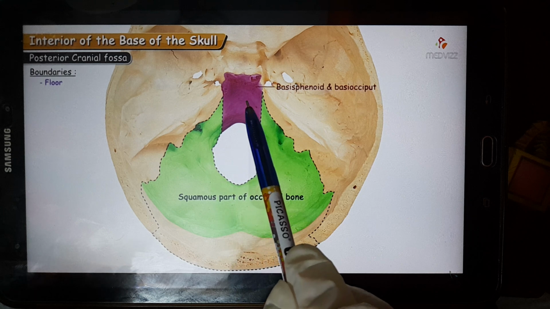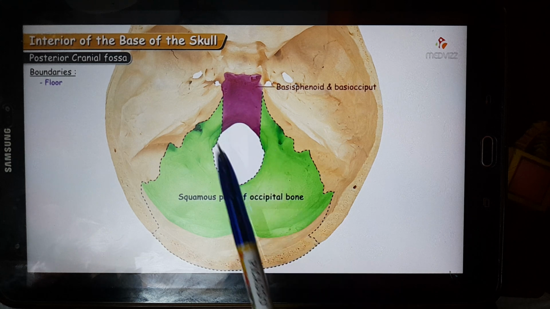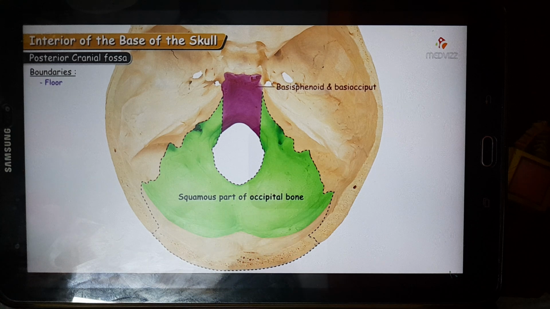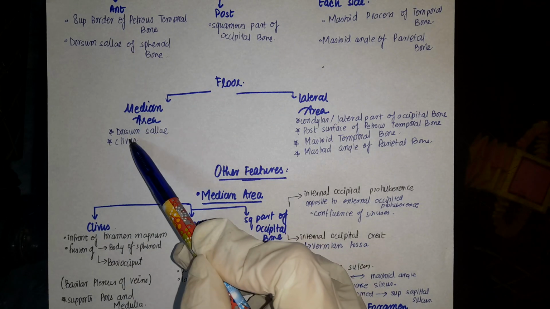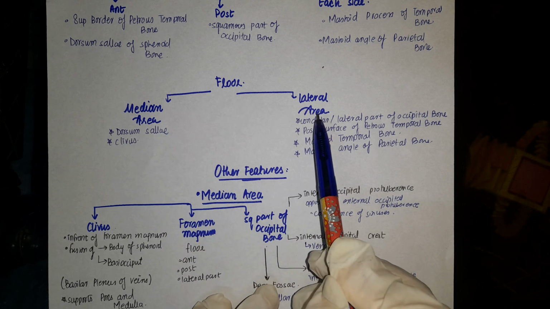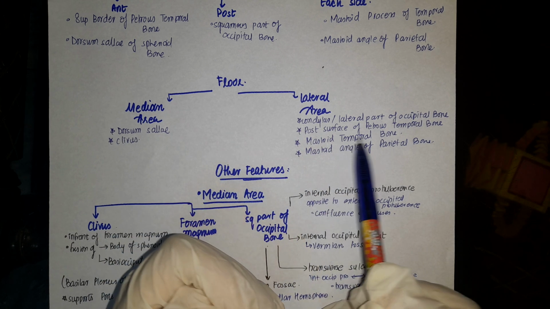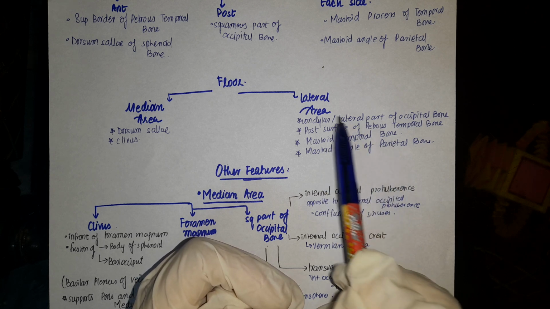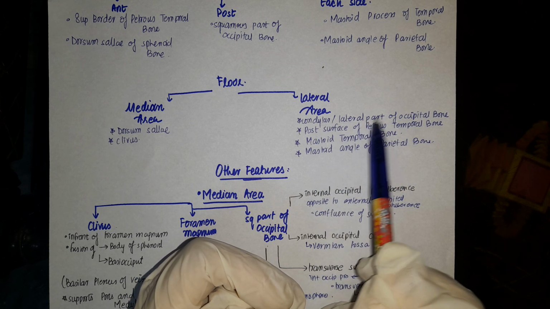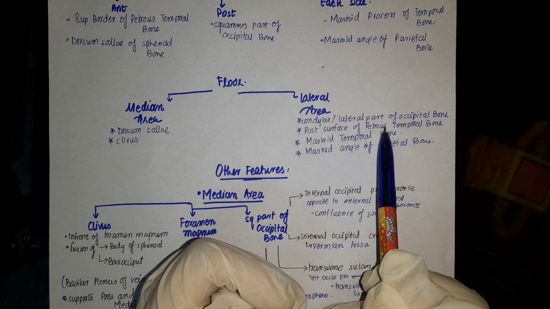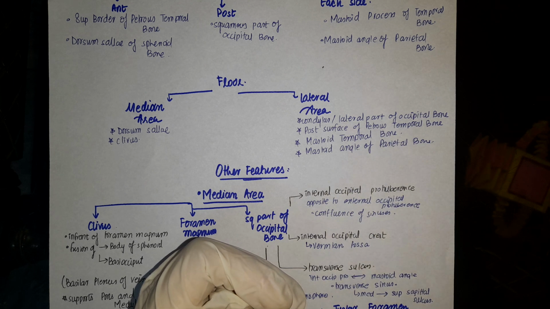So anterior to foramen magnum we have the basisphenoid, and posterior to the foramen magnum we have the squamous part of occipital bone. So in the median area we have the dorsum sellae, clivus, and the lateral portion we have the mastoid temporal bone, the mastoid angle of the parietal bone, and the condylar or lateral part of the occipital bone, as well as the posterior surface of the temporal bone.